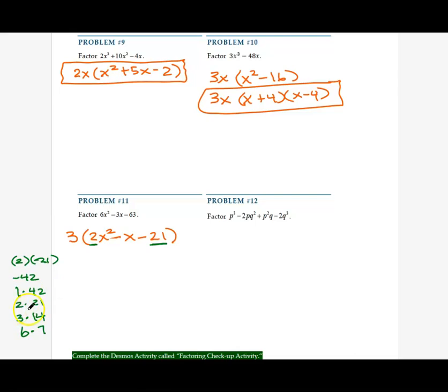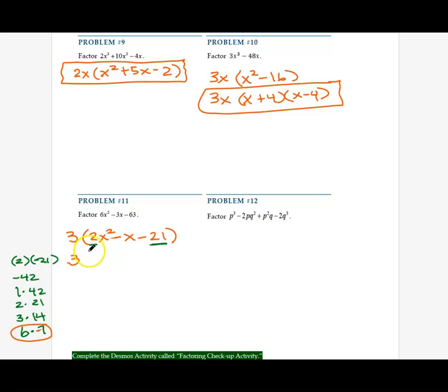So which one of these possibilities could add or subtract to give us a negative 1? Negative 7 and 6. Yeah, we want to make sure that negative is on the 7 and a positive 6. All right, and then we can turn this now into a 4-term polynomial and do factor by grouping or do the box method if you like that way.